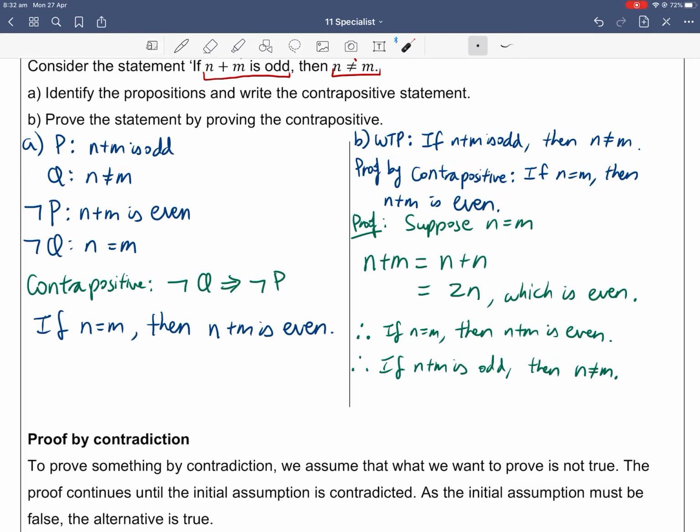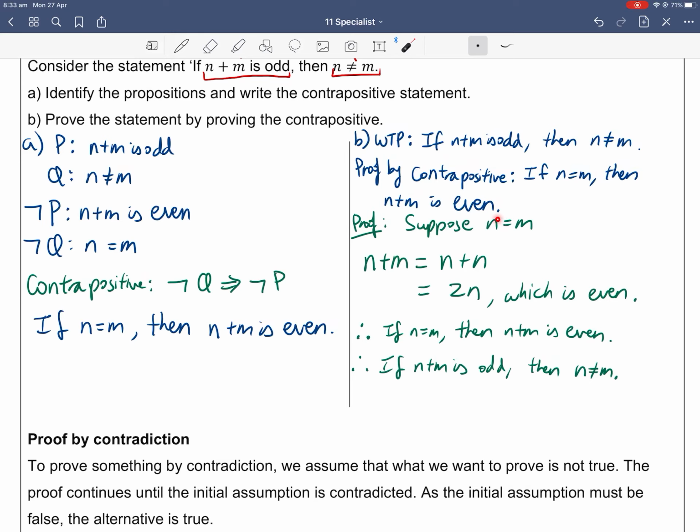If n equals m, suppose it does happen, then we need to show that n plus m is even. Well, n plus m means n plus n, because n and m are the same thing. N plus n gives us 2n. Doubling a number is always even because 2 is a factor.